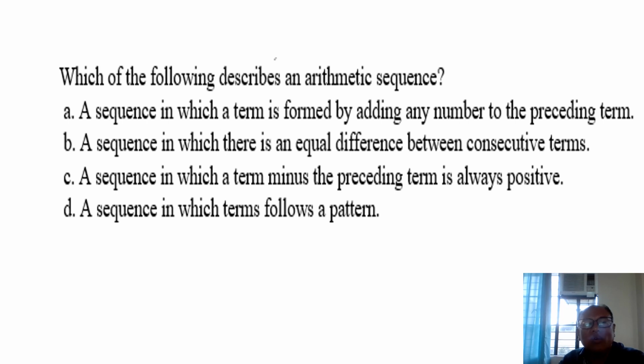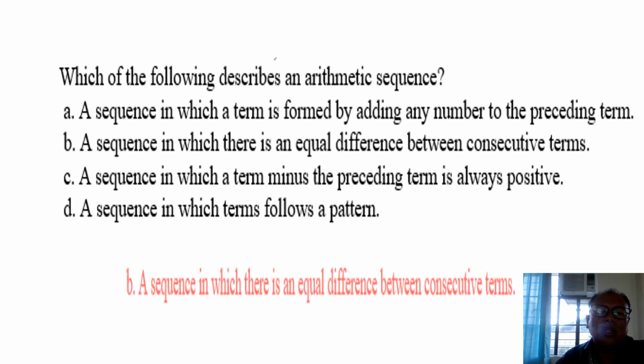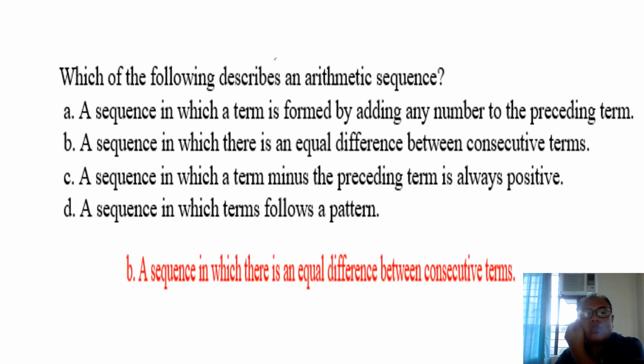C, a sequence in which a term minus the preceding term is always positive. And letter D, a sequence in which terms follow a pattern. There are some tricky situations here. However, there is only one correct answer, and that is letter B, a sequence in which there is an equal difference between consecutive terms.